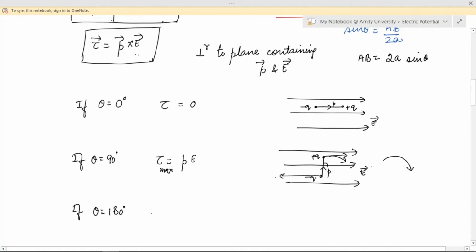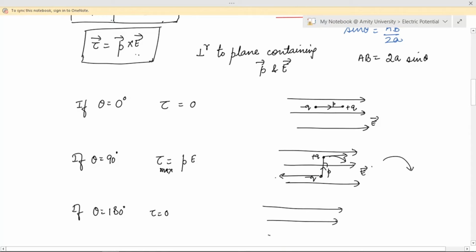Similarly, we can consider the third situation, when theta is equal to 180 degrees. In this scenario, the torque will again be equal to 0. So whether theta is 0 or 180, torque is equal to 0.